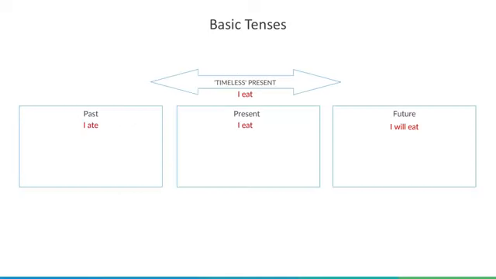In fact, the simple present tense is not so simple because it can actually extend to the past and the future. When this happens, we call it the timeless present. It expresses habits and general truths.